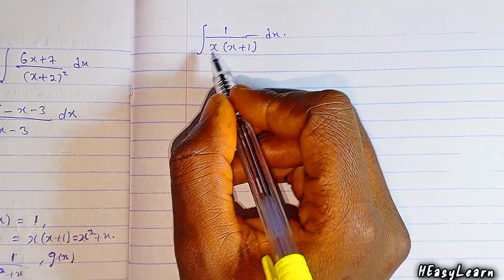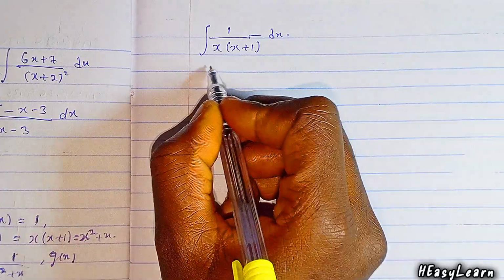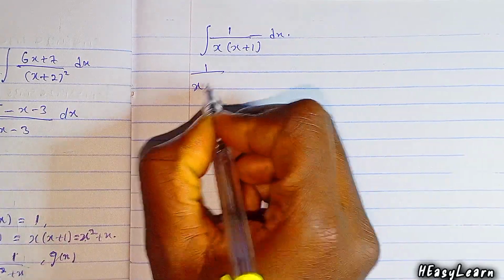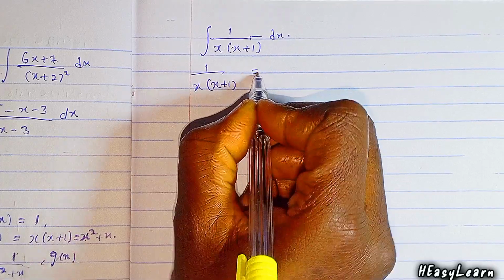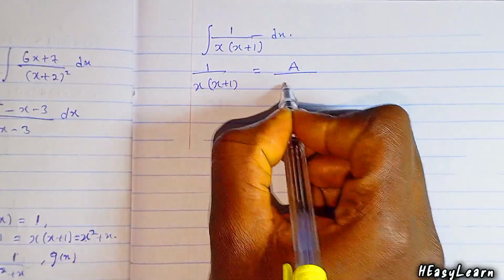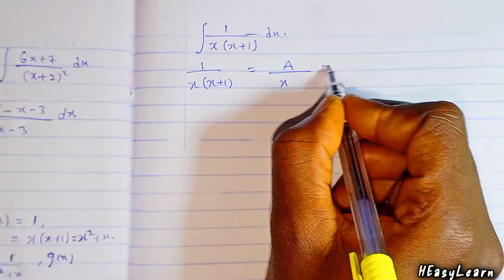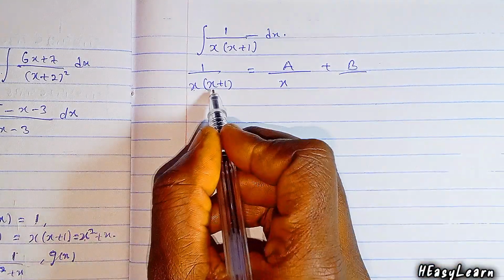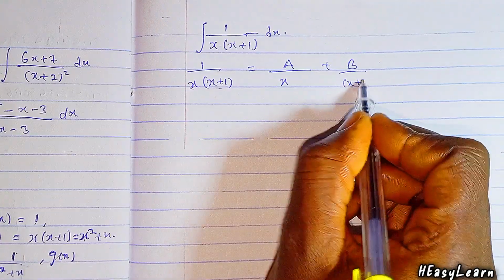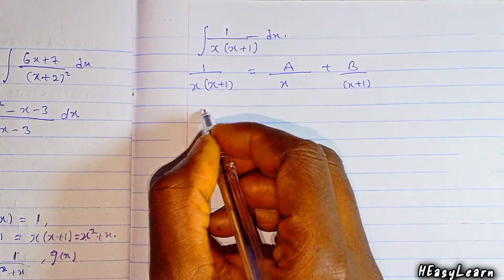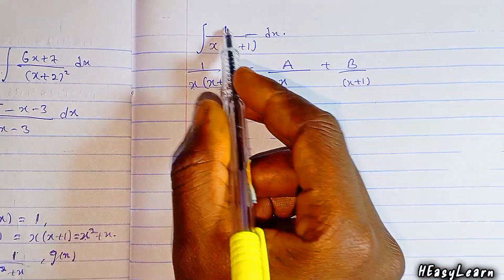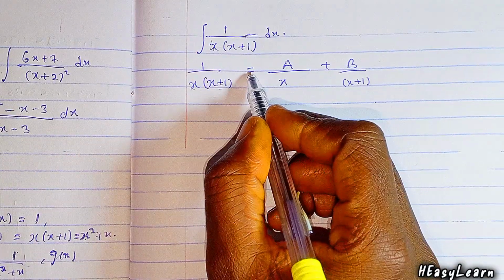Did it satisfy the three conditions? So 1 over x times x plus 1 is the same thing as a over the first factor plus b over the second bracket. Then from here, the first step is to take the inside and equate it to what?